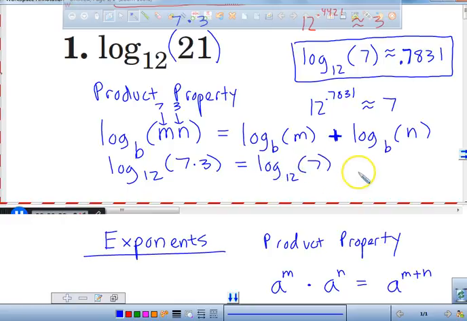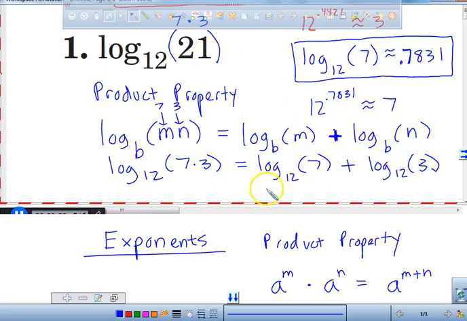Log 12 of 7 plus log 12 of 3. What is 7 times 3? 7 times 3 is 21. So these numbers have to multiply together to equal the number that you started with.